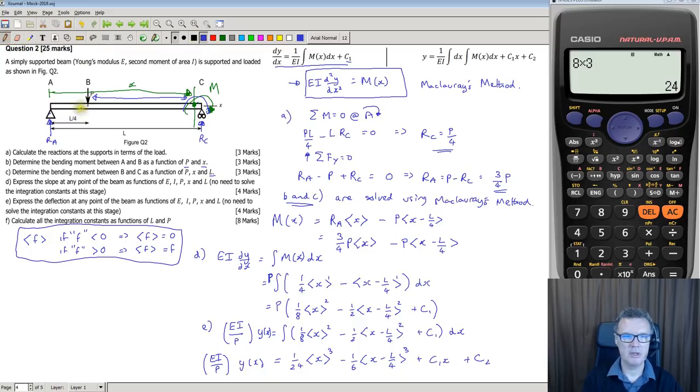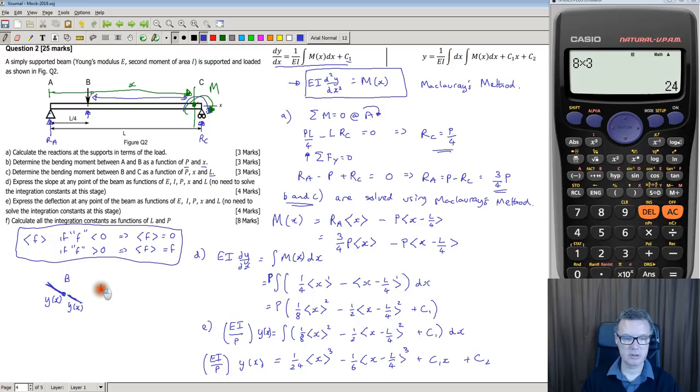Stitch-up method means that at this particular point here, I need to apply 2 boundary conditions. The first boundary condition is that when I integrate up to the B point, I'm going to get an equation for my y up to that point there. And we're at B. And that is going to have to equal the equation right of that point there.